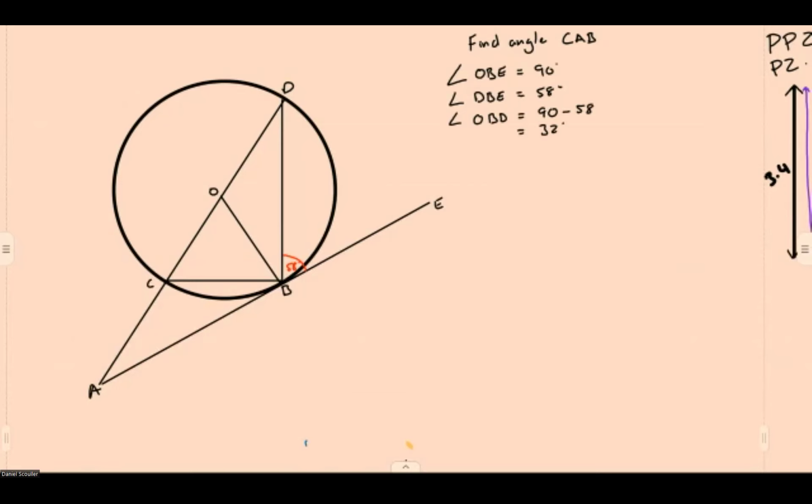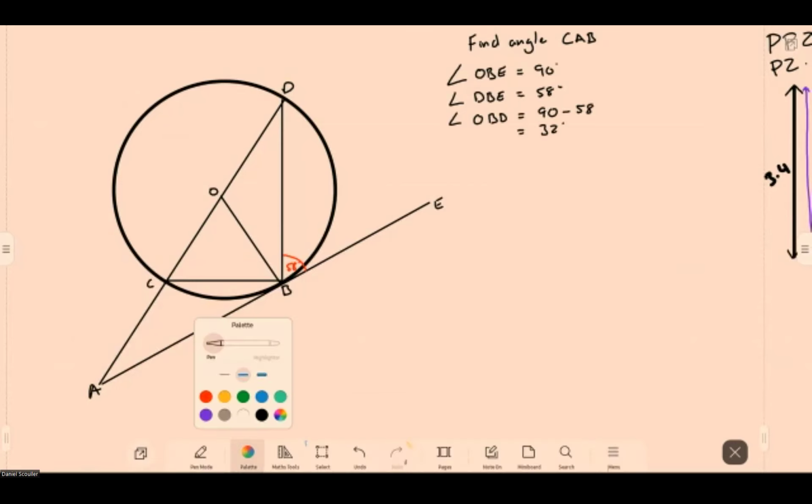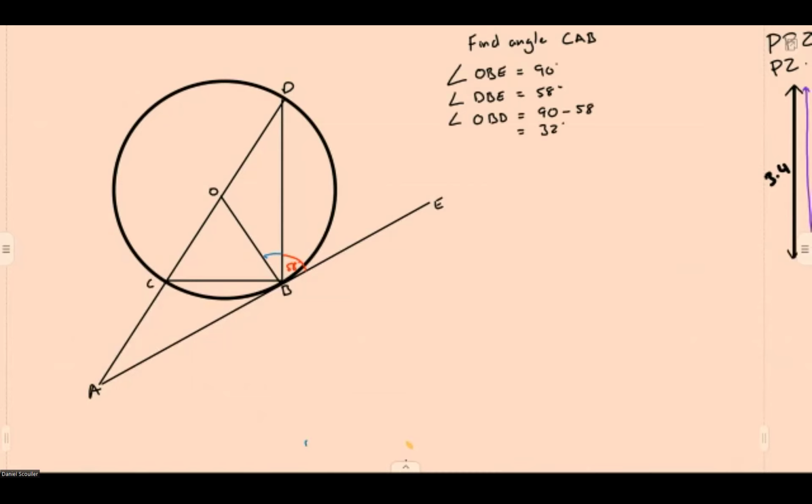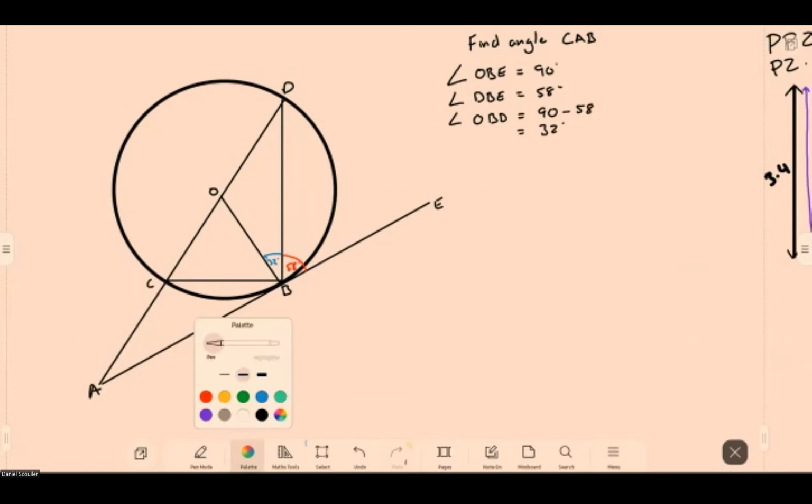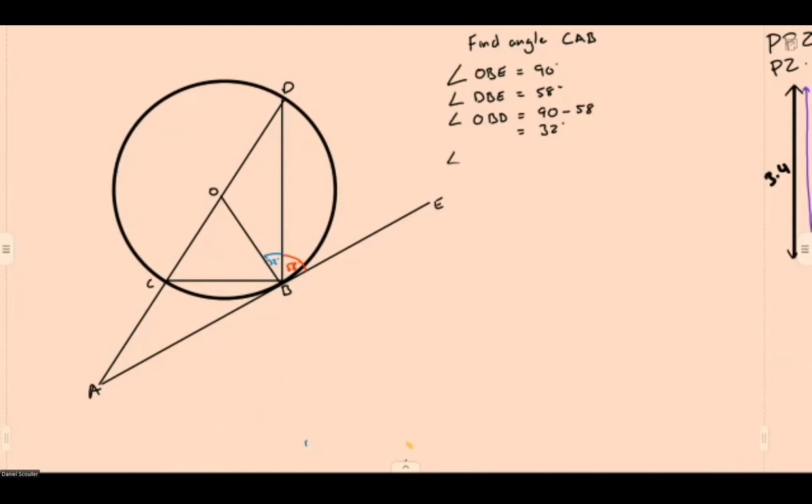All right, everyone following me so far? So we've worked out this angle in here to be 32 degrees. Now, the other rule that we just went through, try and picture it, is the fact that angle DBC is also equal to 90 degrees.